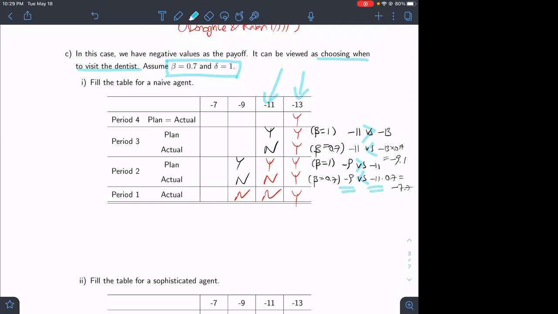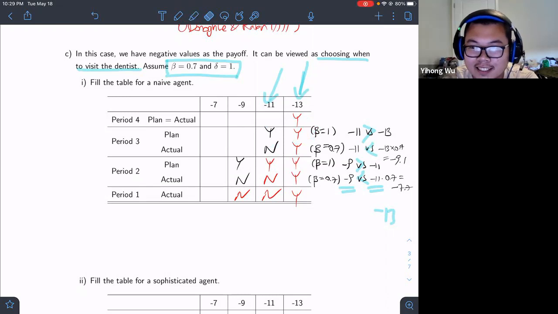But you're right, -13 is also considered, but it is discarded in the future because the naive agent is thinking that I'm gonna visit the dentist as early as possible. So -13 was considered here, but it was discarded. Does that make sense? Makes sense. Okay.